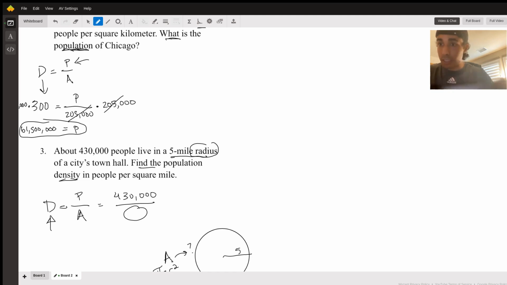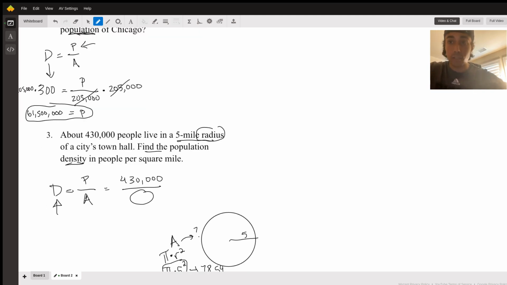Whatever that number is, that's the area. So 25 times pi is about 78.54. You can punch that into your calculator, and it's going to give you about 78.54 square miles. That's the area of that region.